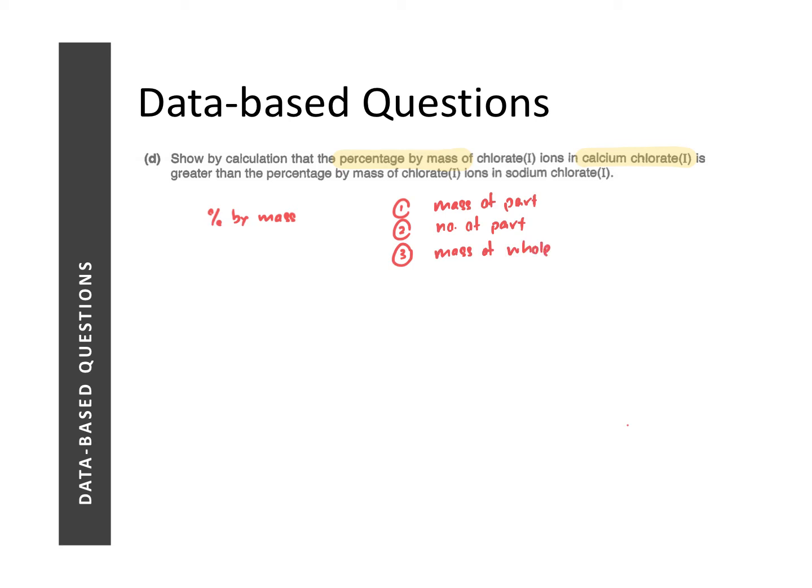So we are going to calculate the percentage by mass of chlorate ion. The part that we are looking at now would be your ClO. Okay, this is the part. Number of parts would depend on the formula. So later we need to come up with the formula of sodium chlorate 1 and calcium chlorate 1.